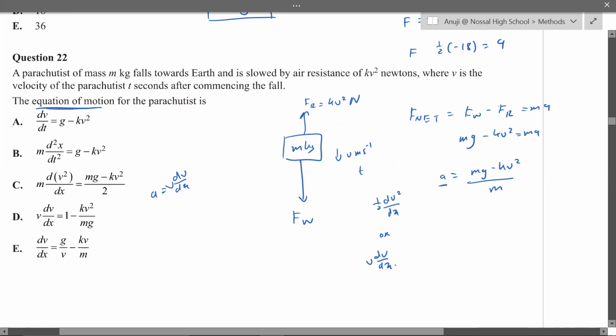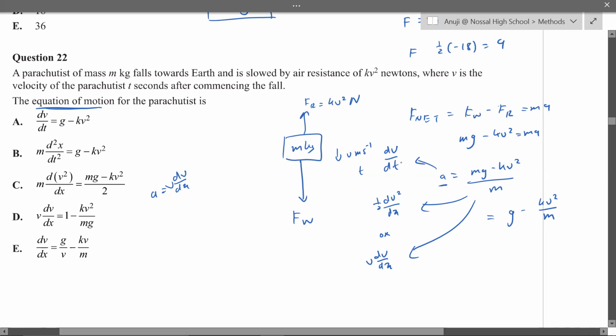In this case, we don't know which one it is, so we can't only use one of them. So it's where you have to look at the answers because you're kind of stuck a bit. So this is either equal to this or this. Immediately you can tell it's not A, because if you simplify the fraction, it's kv squared on m. Oh, sorry, I forgot. It can also be dv/dt.